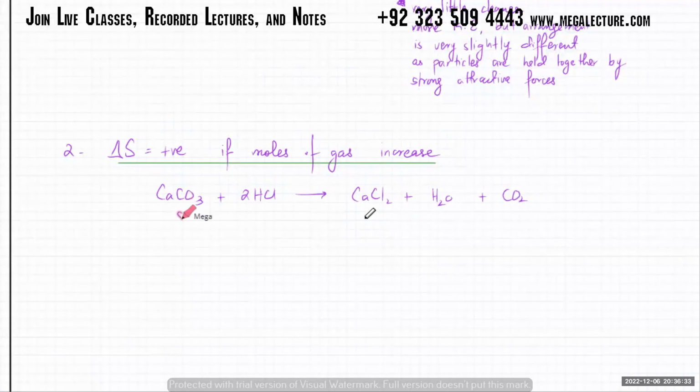So this was solid, low entropy. This was aqueous, slightly higher entropy. This one was also aqueous, slightly higher entropy. This one is a liquid, and then you have a gas all of a sudden, and that's very high entropy. So you've got 0 moles of gas on the left side, और आपका जो right side है, you've got 1 mole of gas.